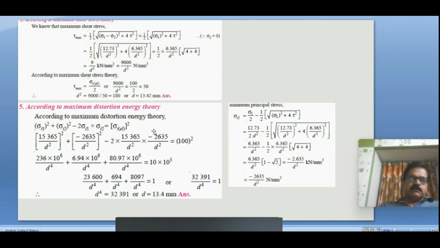Here in this case, the working stress is given, so that is failure value upon the factor of safety, which is given as 100. So 100 square is equal to the expression in sigma t1 and sigma t2. From this, the value obtained is also 13.4.